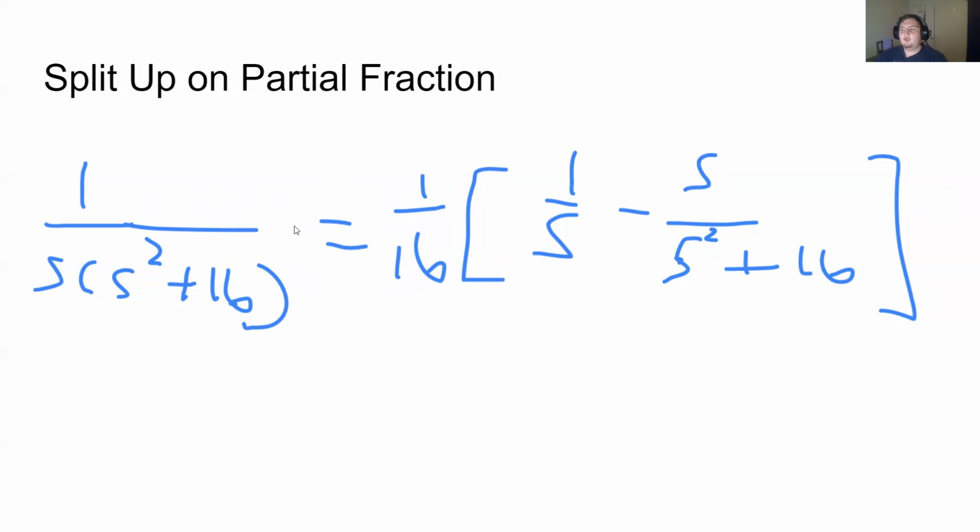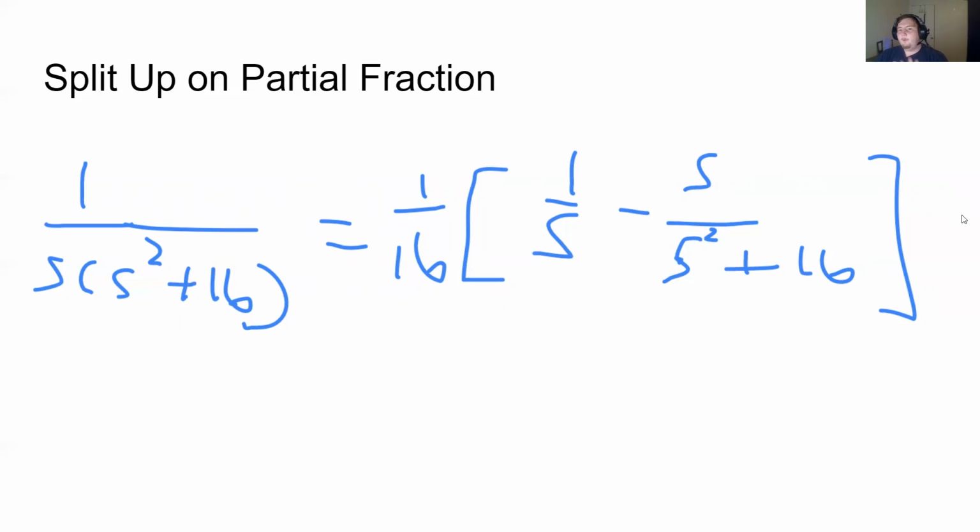And as we see on the right side, these values are much easier to take the inverse Laplace of because they're more split up. That's the last step we need to do to break up our equation. From here, we can just start taking the inverse Laplace of each part.